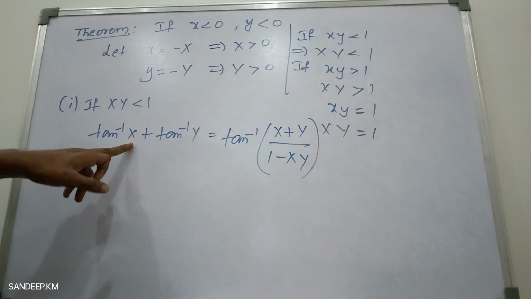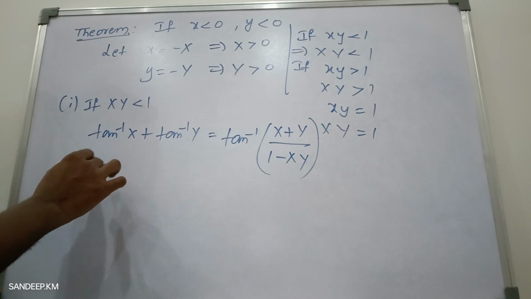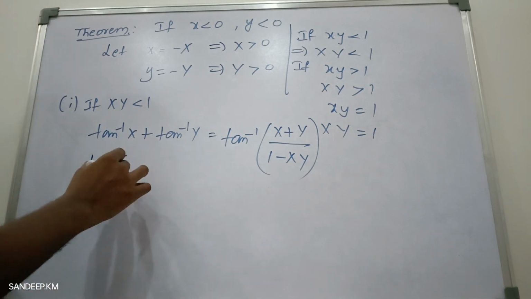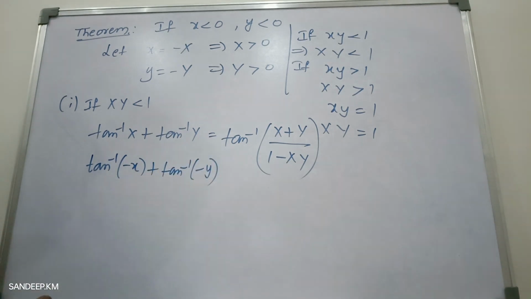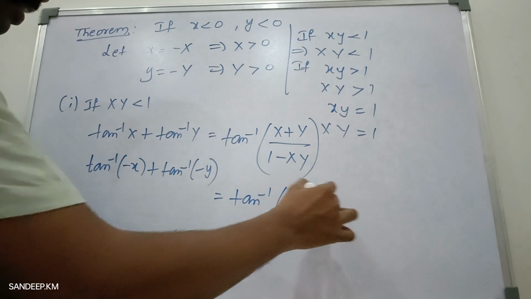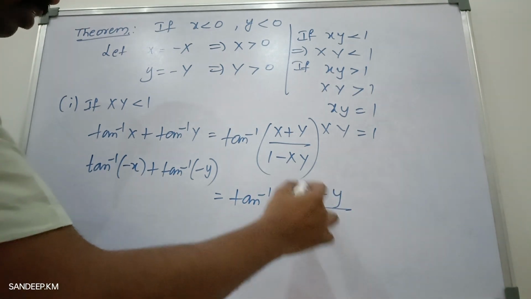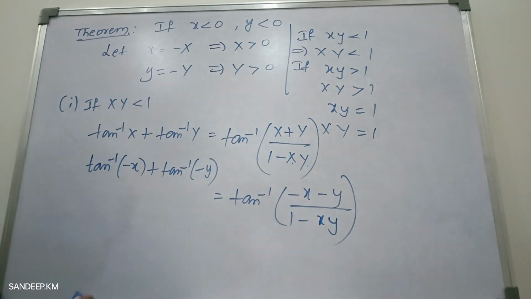Now let us replace capital X and capital Y with small x and small y. Capital X is minus small x and capital Y is minus small y. Here also let us do the same. Tan inverse of (minus x minus y) by (1 minus ...), and I told you that capital X into capital Y is the same as small x into small y.